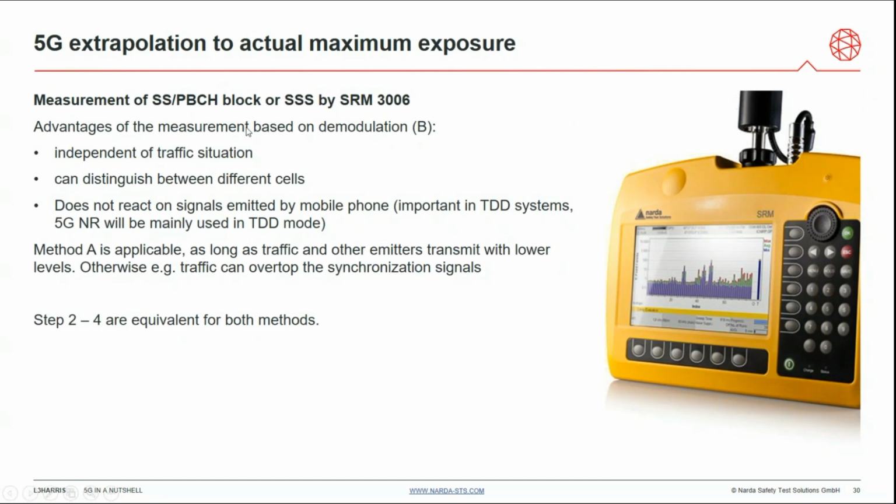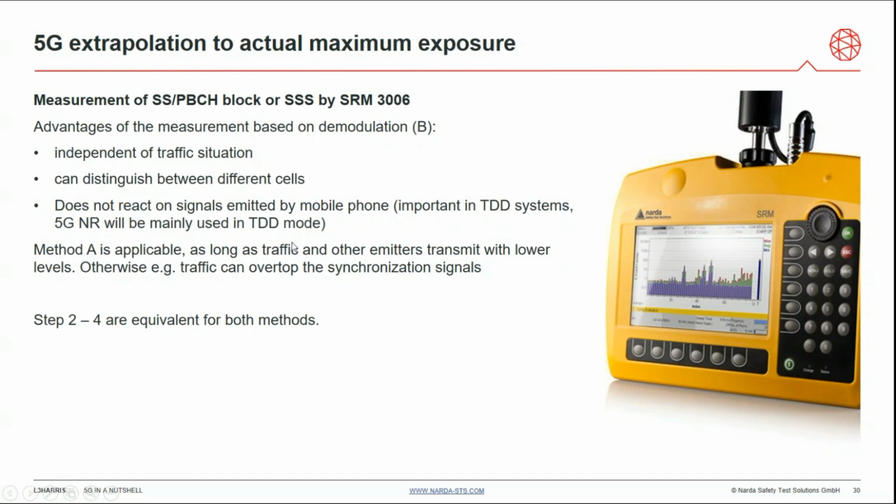The advantages of the measurement based on demodulation is that it will again be independent of the traffic situation, like we know it from the 3G and 4G options. It can distinguish between different cells, so you have a clear idea of the contribution of different towers, antennas, segments, and of course the different operators, which can also be allocated by the frequency spectrum, by the licenses in the auctions. It does not react to signals emitted by mobile phones in TDD systems, and we're typically talking about TDD systems.